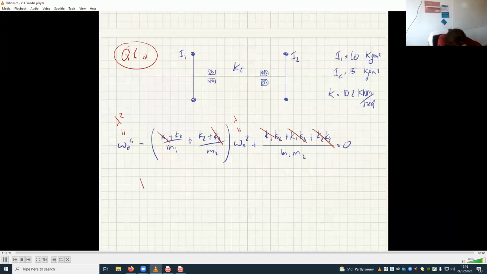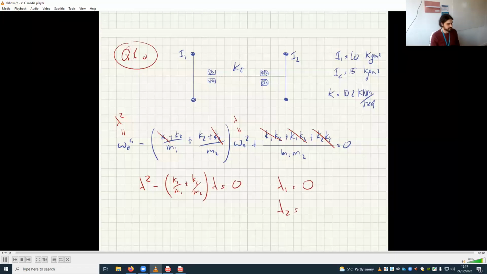And so my equation becomes lambda squared minus 2K2 over M. No, it's not this easy, because this is minus K2 over M1 plus K2 over M2, times lambda, equals 0. That's because this term here is all zeros. And remember, if you solve this, you get that lambda 1 is something and lambda 2 is something else.